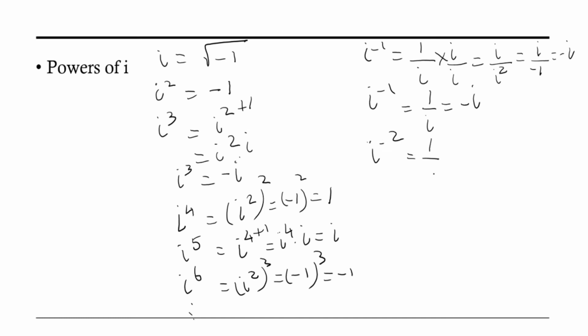It is 1 by i², and it is −1. Then we have i⁻³. It is 1 by i³. Here it is 1 by i² into i, so it is 1 by −i. So we have plus i. So i⁻³ is plus i. It is not minus i, it is plus i.